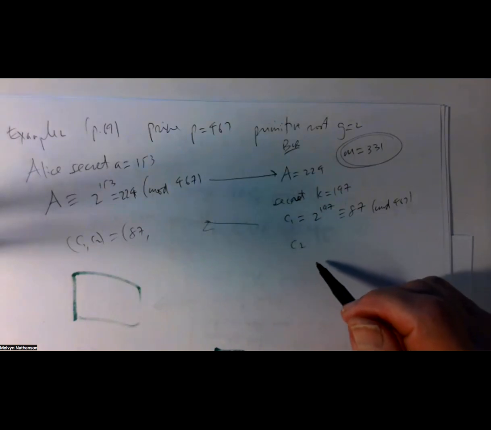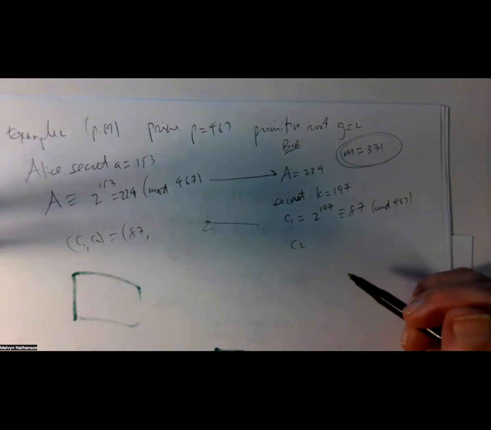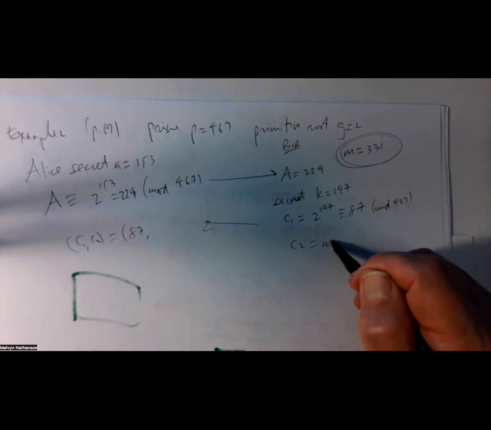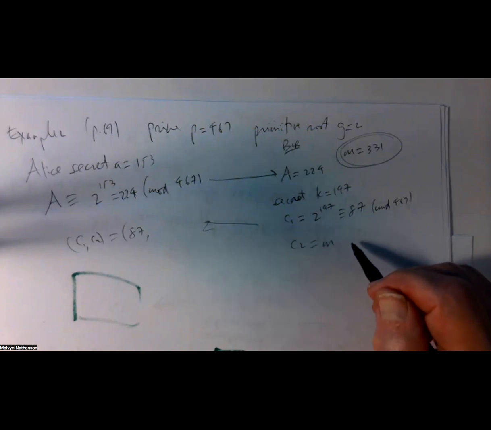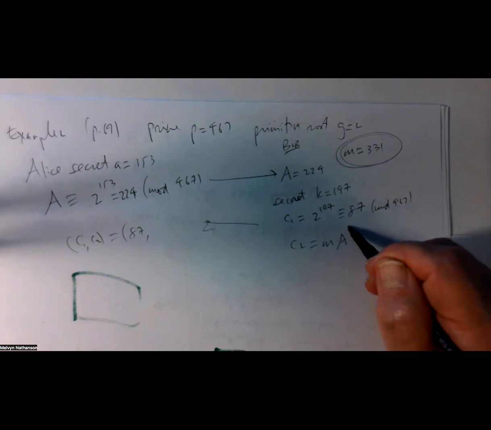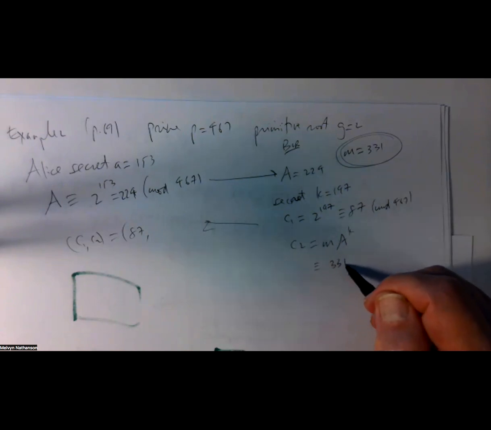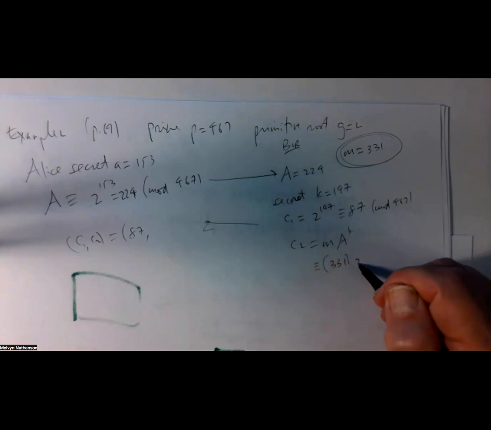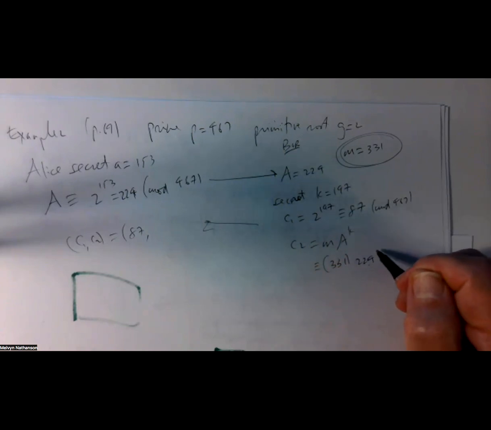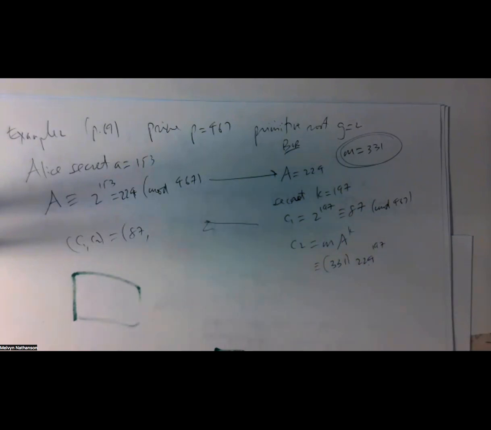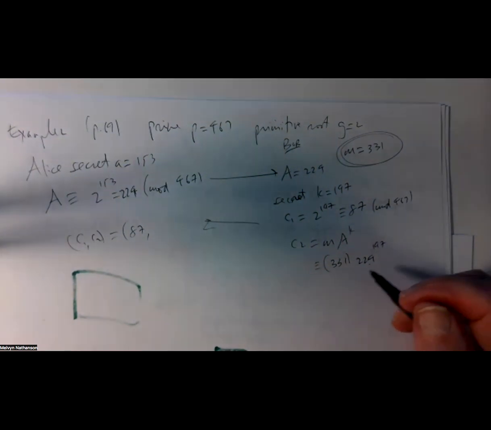And what is the number C2? C2 is the message times A to the k. This is the message 331 times A, 224 to the exponent 197.